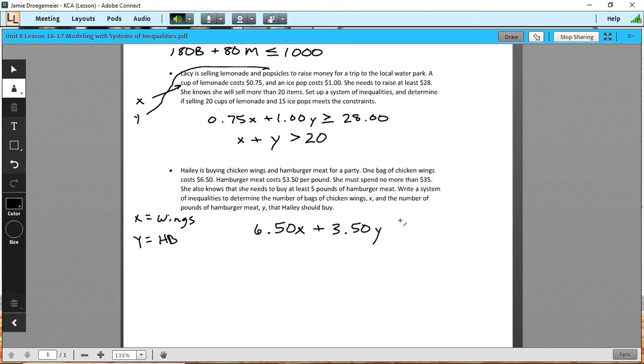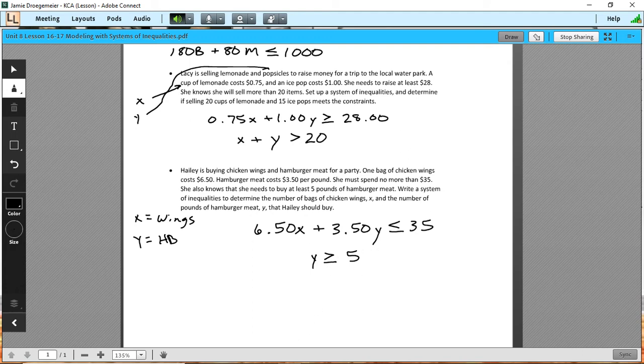She must spend no more than $35, so it needs to be less than or equal to 35. The only other constraint is that she needs to buy at least 5 pounds of hamburger meat, so Y has to be greater than or equal to 5. Those are our two inequalities.